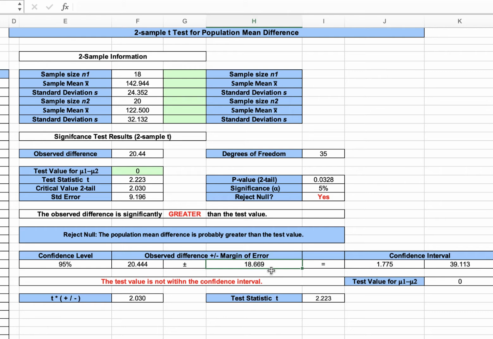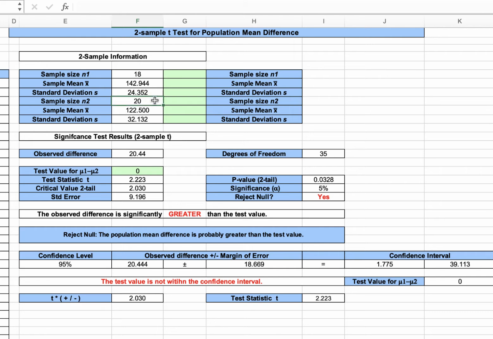So that means nearly all of that 20.44 can go away, right? Randomly. We don't know. That's why it's a margin of error. Now, why is the margin of error so big? Well, the margin of error is so big because of the standard deviations in our samples, but mostly because our sample size is relatively small.